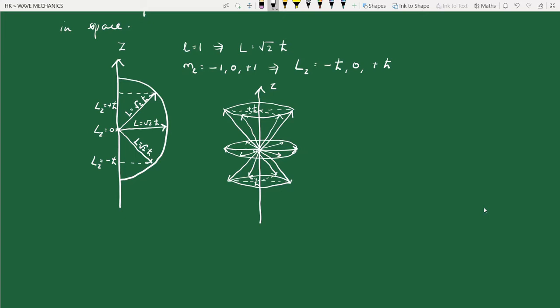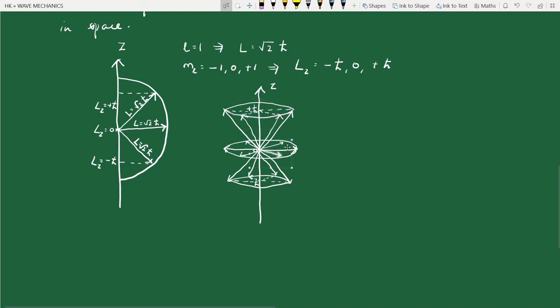So in fact these three choices, Lz equal to minus h cross, 0 and plus h cross, represent three families of directions. One family of vectors lies on this circular cone corresponding to the projection plus h cross.